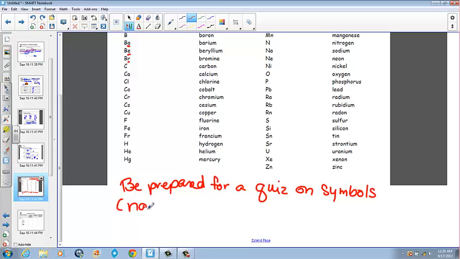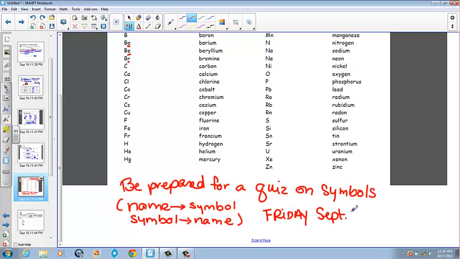Being able to name them from the symbol, and symbol to name. I would say by Friday, September 20th. All right, so you should study those.